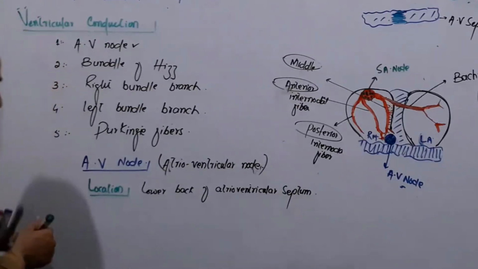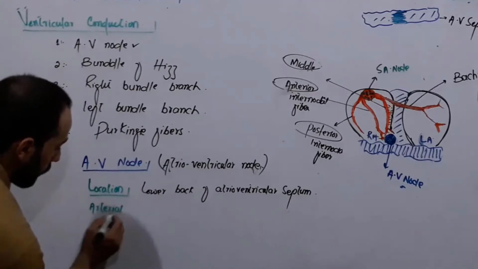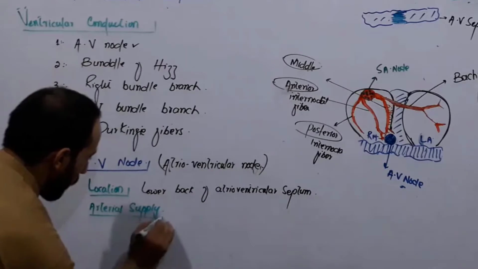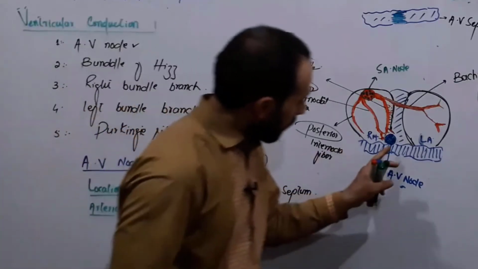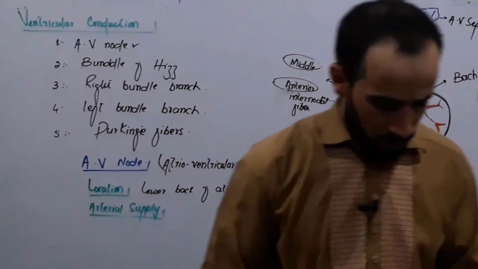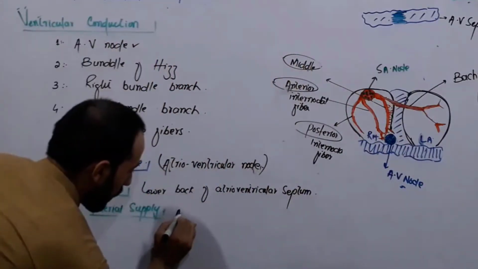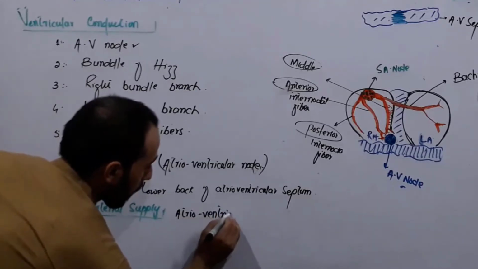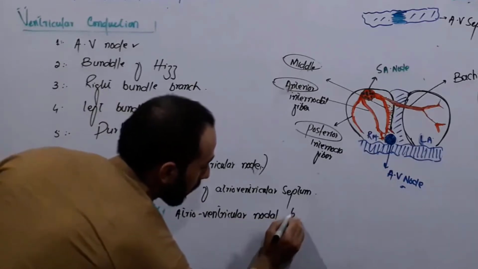What is the arterial supply? Which artery is responsible for providing oxygenated blood? This AV node gets its arterial supply from a branch of the left coronary artery, and that branch is called the atrioventricular nodal branch, right?